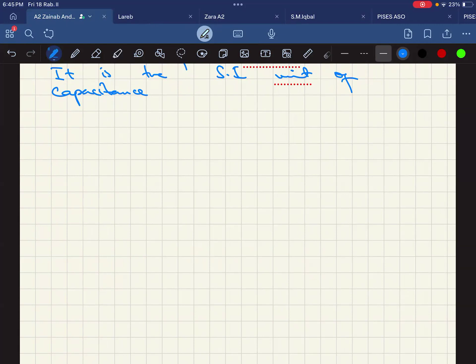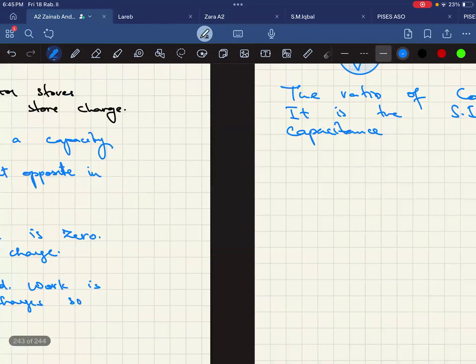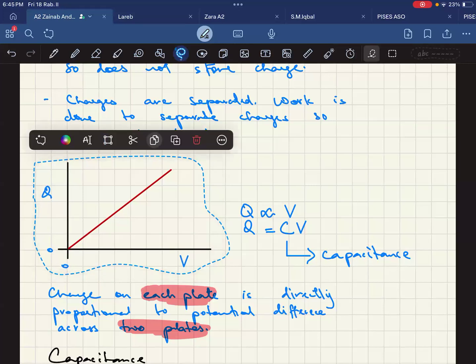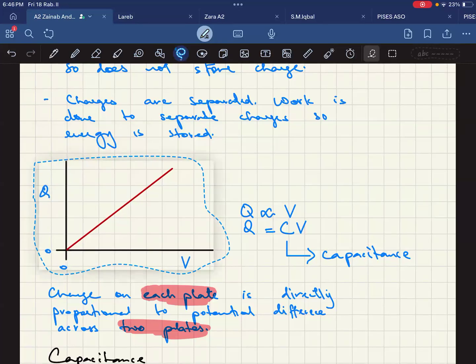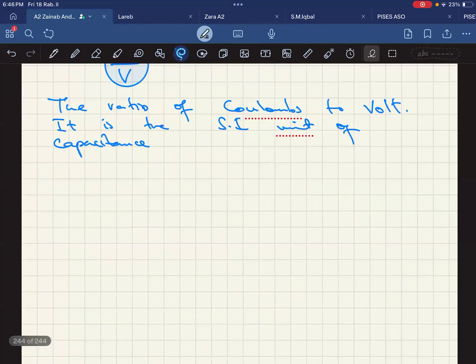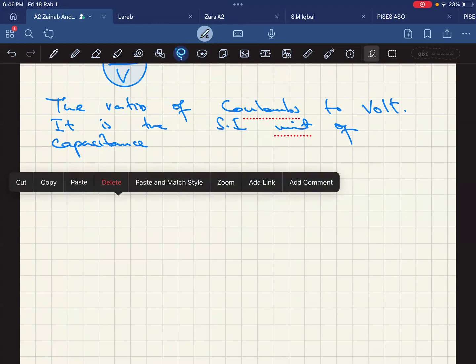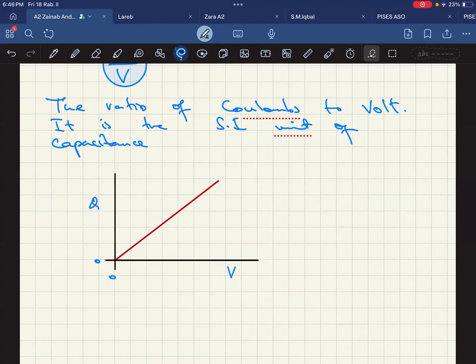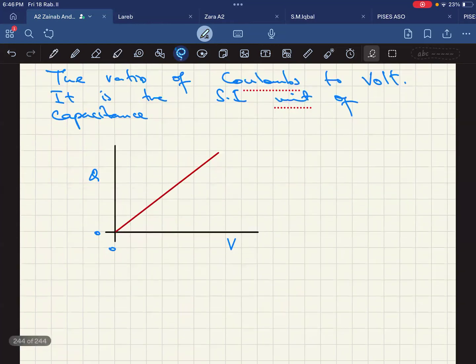The graph that we discussed here. This graph has a few features that are going to be very useful for us. Number one, its gradient. The gradient of this graph is C. We have an equation for gradient, change in y upon change in x.